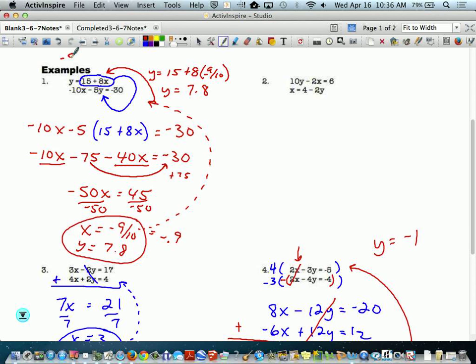So it's going to be negative 8x plus y is equal to 15. Now look at all the work we did in number 1. By bringing the 8x over as a negative 8x, we're going to type those numbers in. So go to your calculator.